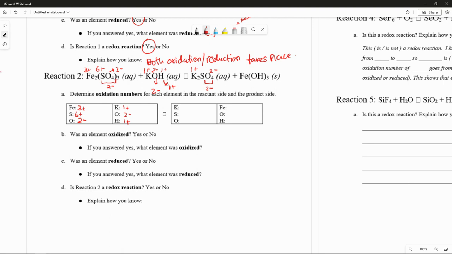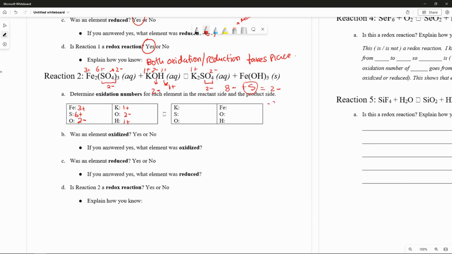So if we have 2 times 4, since we have 4 oxygens, that's 8 minus, plus S equals 2 minus. What do we have to do? We have to add 6 on the S, and then we get 2 minus on each side.